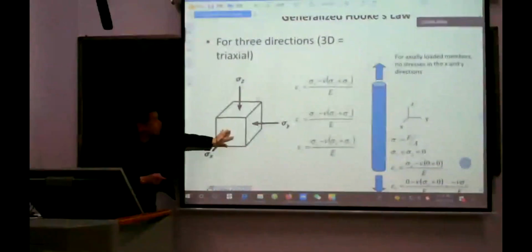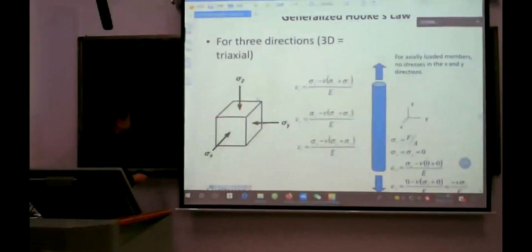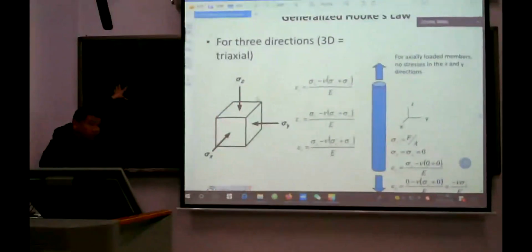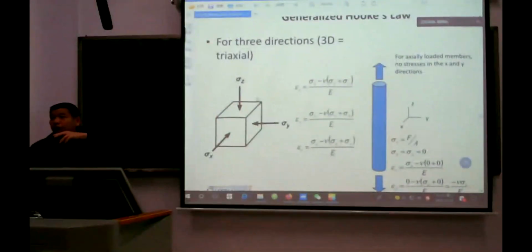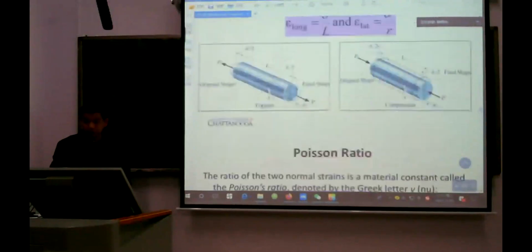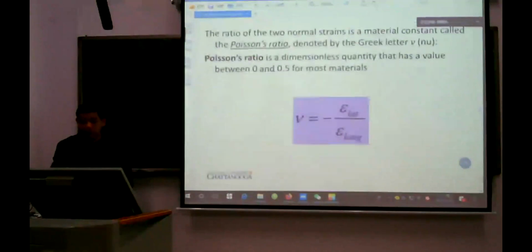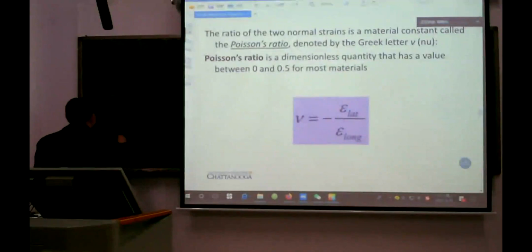Suppose just one of these loads acts in the z direction. There is a strain, is there not? According to Hooke's law, we can get it. At the same time, because of the Poisson ratio, yes or not? When the Poisson ratio is v, we can know it from the formula. So we can get epsilon x.